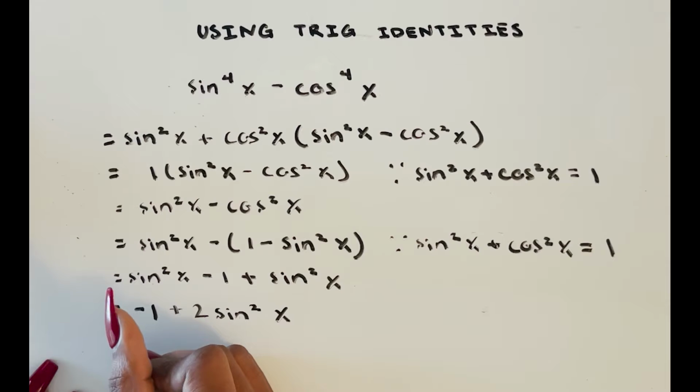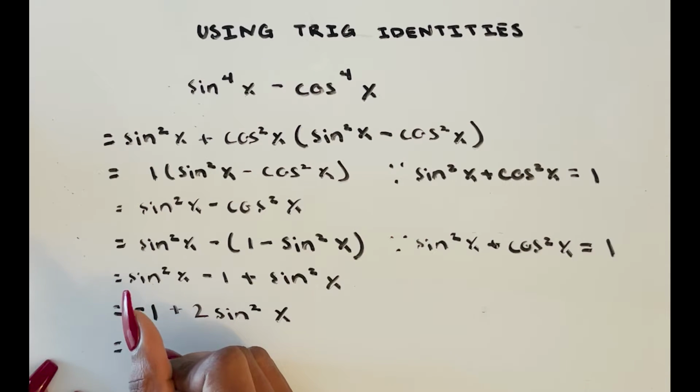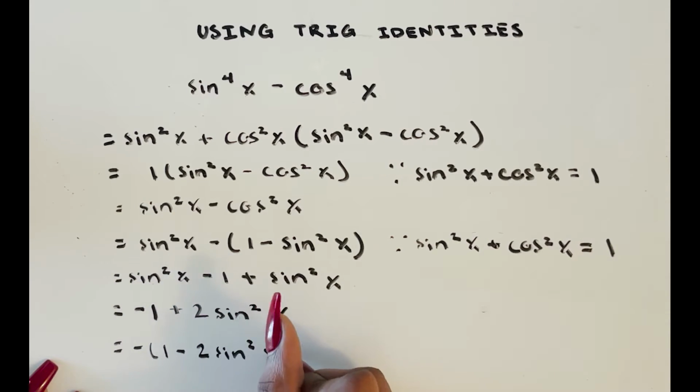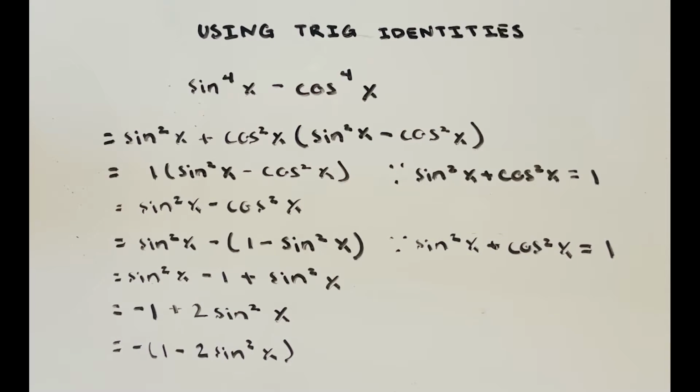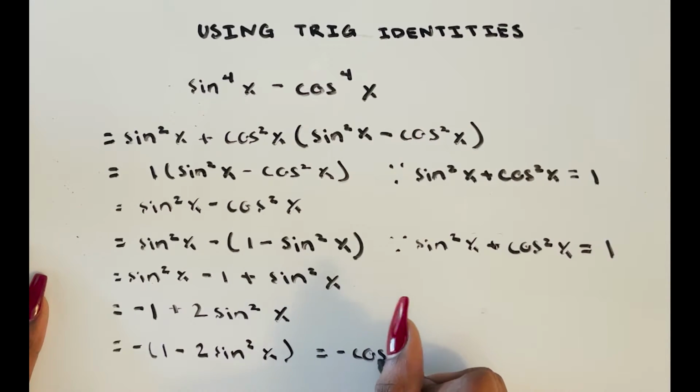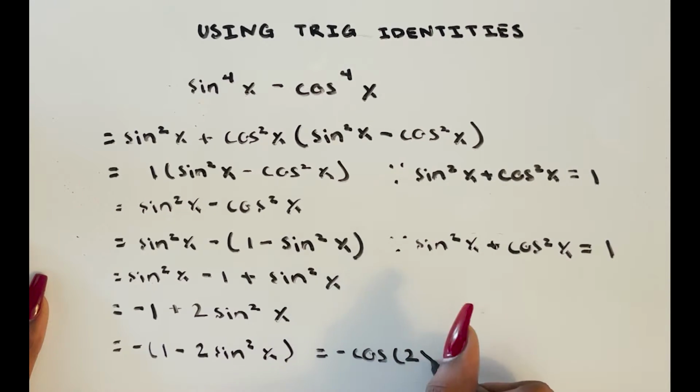Now let's factor out a factor of -1 to give us -1 minus 2 sine squared of x, which leads us to our final answer of negative cosine 2x.